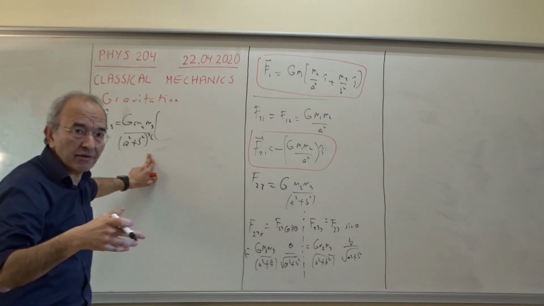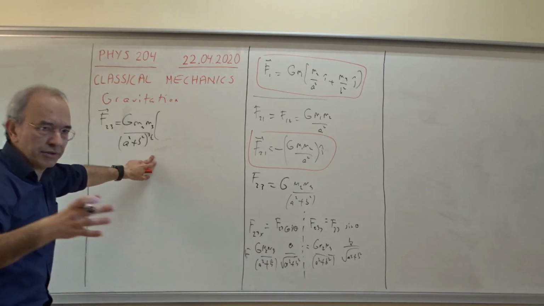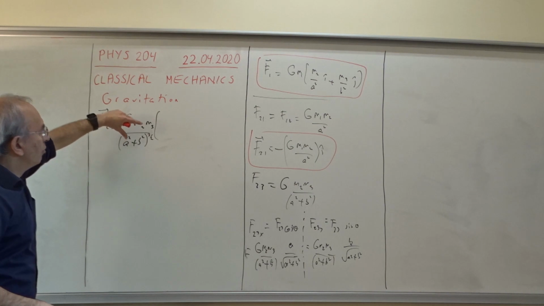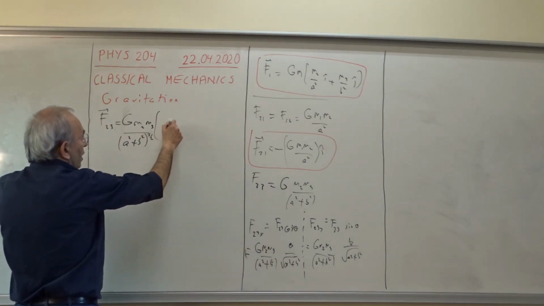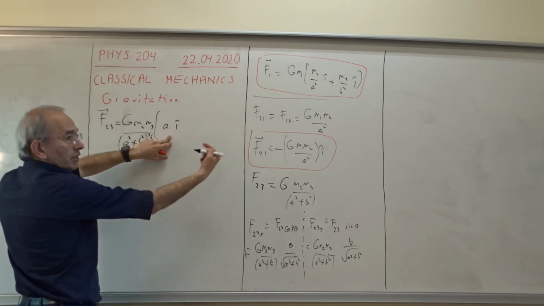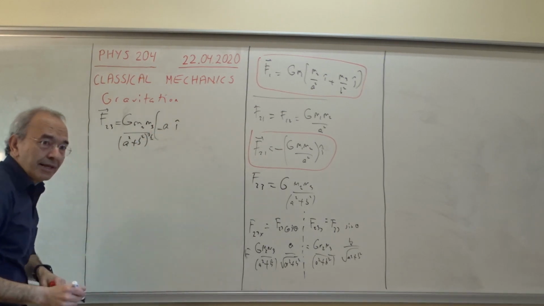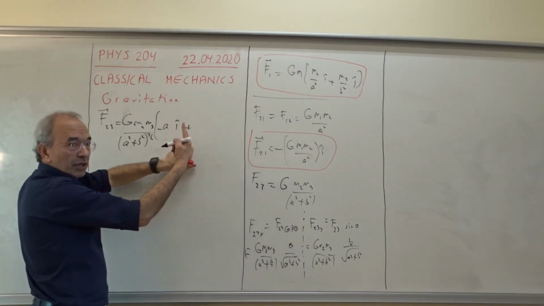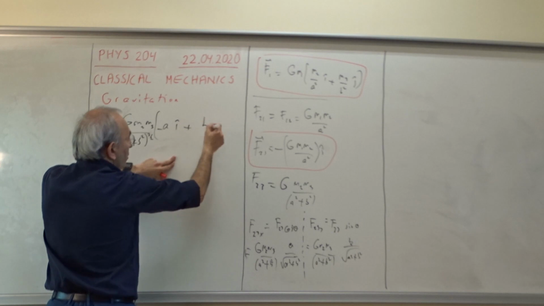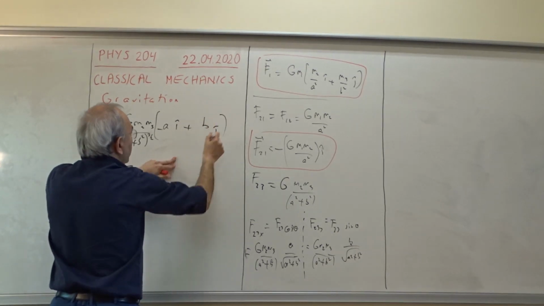This power of 3 halves will appear later again in other problems. This is the common term multiplied by, what is inside? A times unit vector I, but it acts to the left, so we have a minus sign. And for the other term, plus because it points upward, B times unit vector J. That's it.